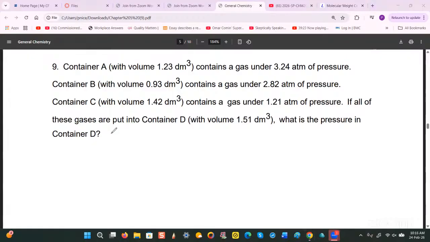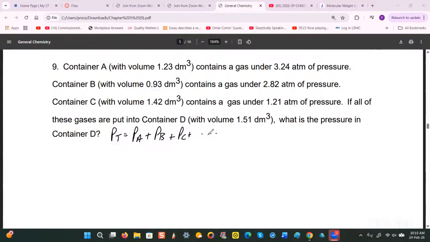According to Dalton's law, the total pressure of a mixture of gases will be equal to the sum of the individual partial pressures of the gases: PA plus PB plus PC, all the way to whatever the other remaining gases are. Basically, what this law is saying is that if you have a mixture of gases in a container, each gas will exert its own pressure independent of the other gases.